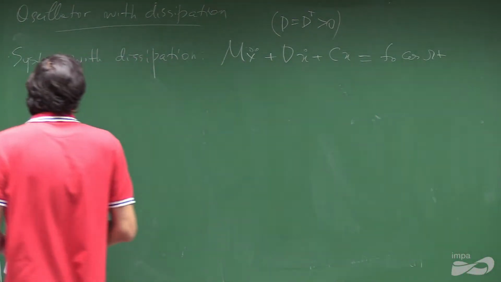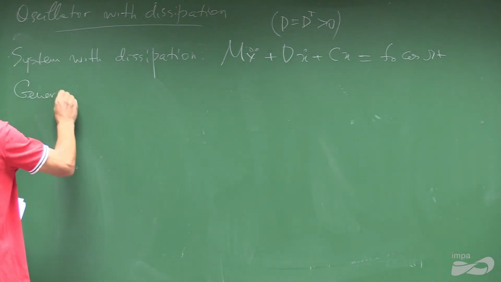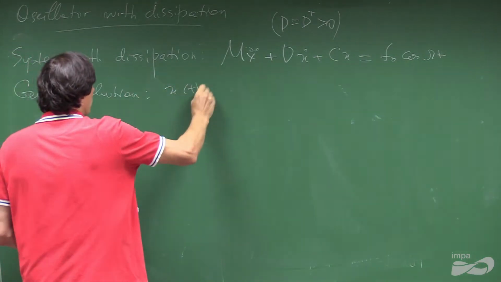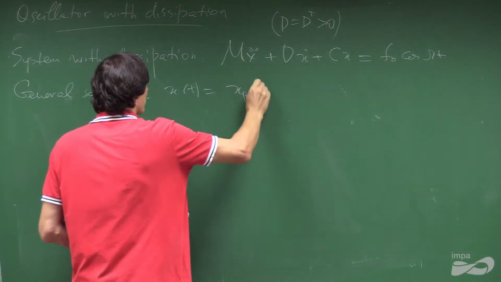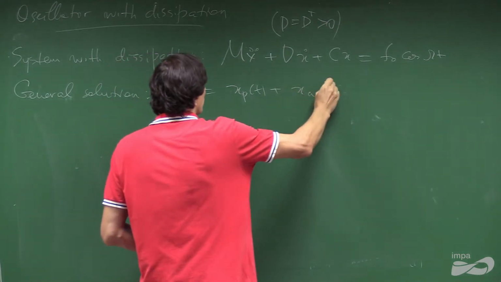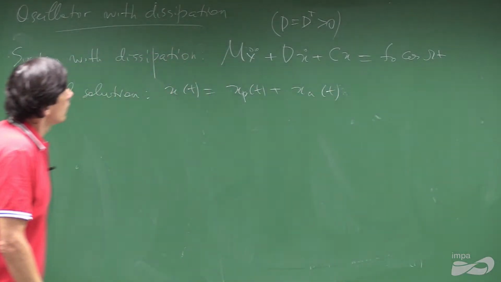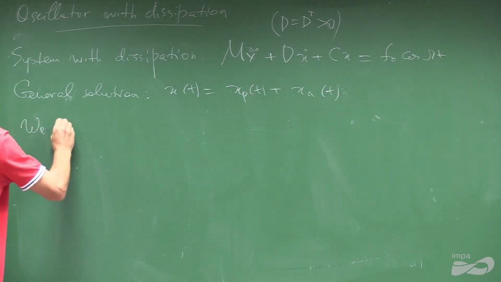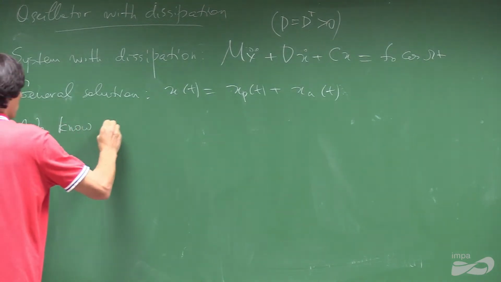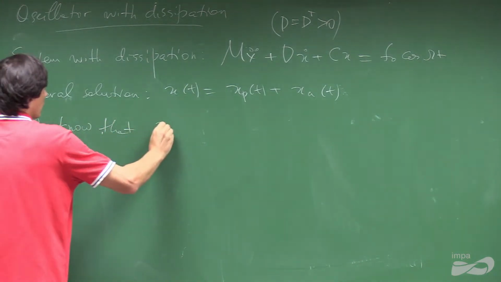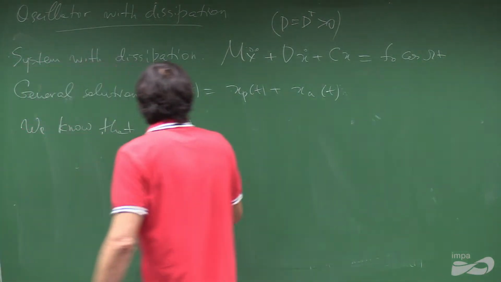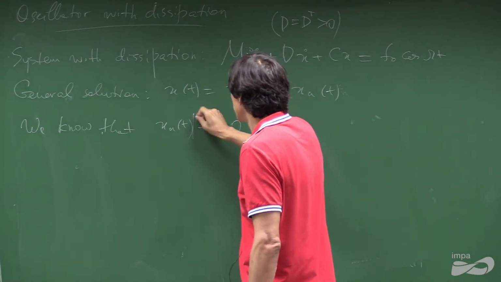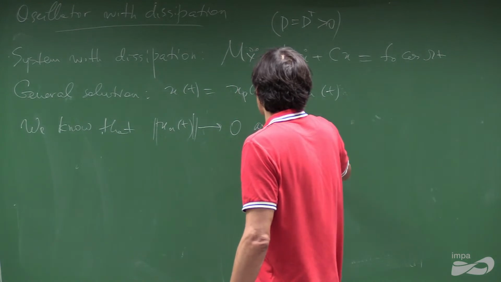Then the rest of the story is very similar. The general solution is the sum of a particular solution plus a general solution of the autonomous system. We already showed that the solution of the autonomous system goes to 0 as time goes to infinity.